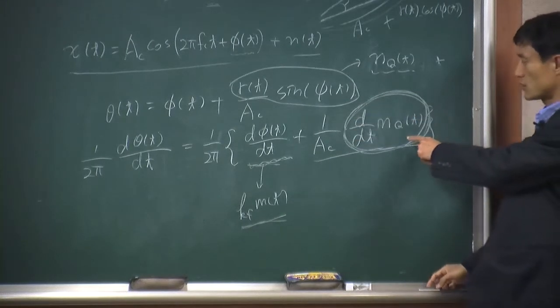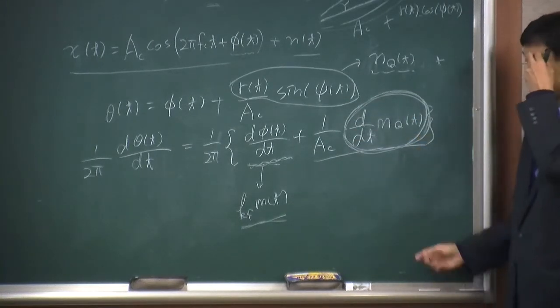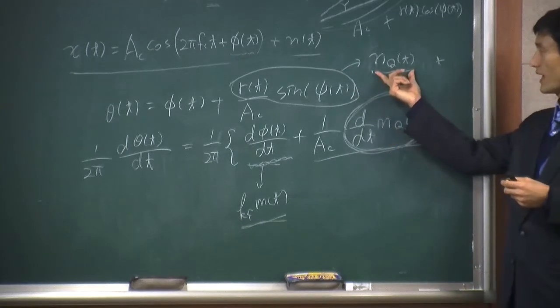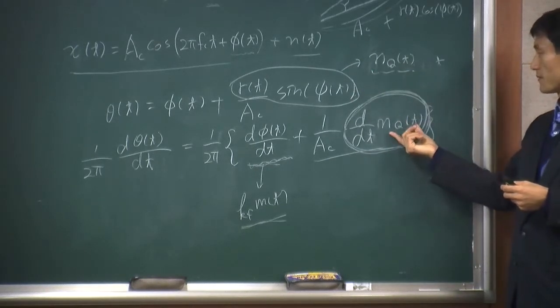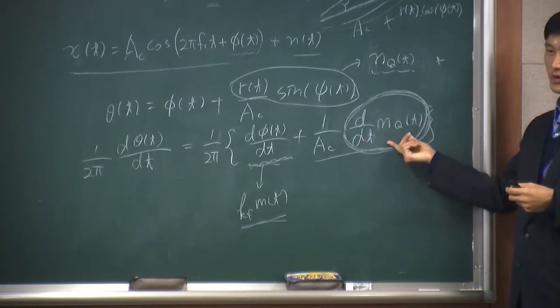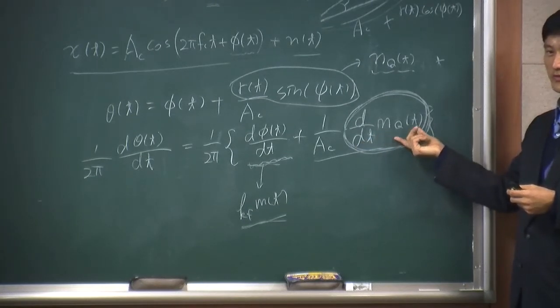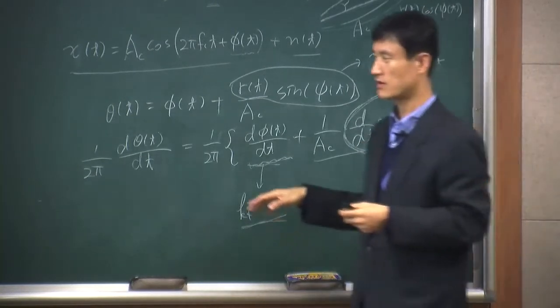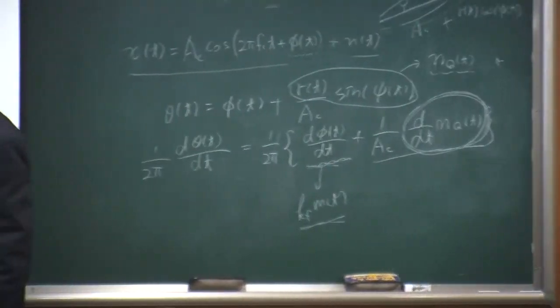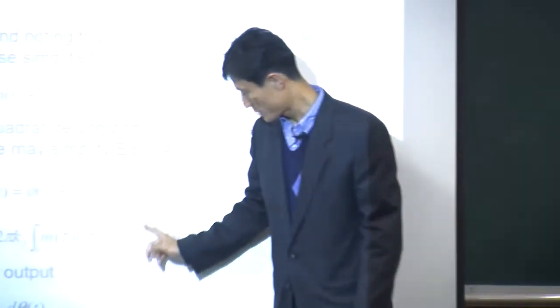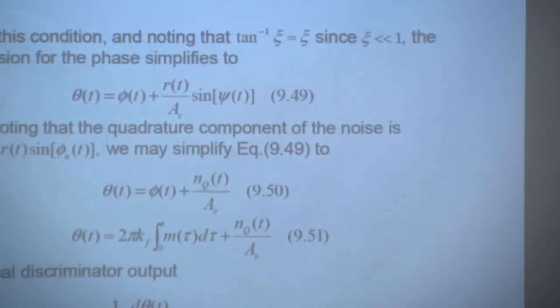We want to find out what this looks like: the sum of the noise n_Q(t) and the time derivative of the noise. That is what we are going to look at from now on.